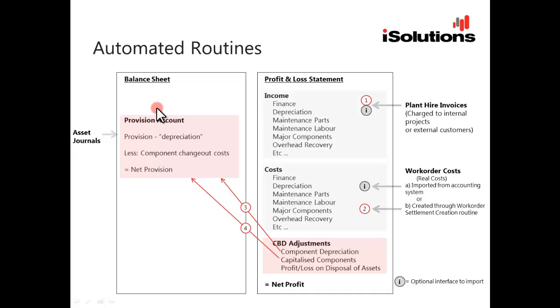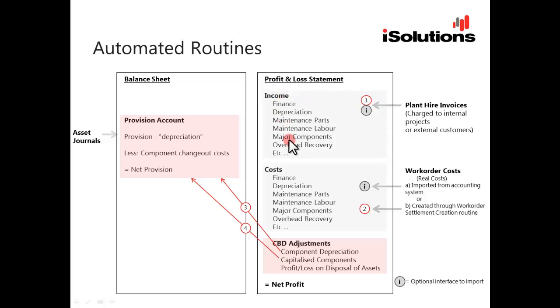So this diagram tries to really summarize those four automated routines that we've just spoken about. On the left we have our balance sheet with the provision account, and on the right our profit and loss statement. So first of all, starting with the profit and loss, your income section.